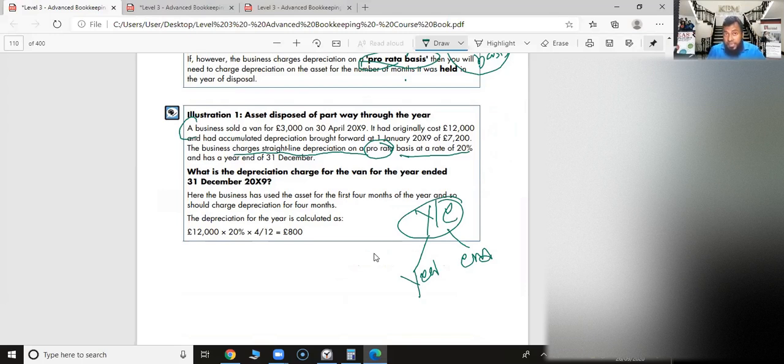I repeat, the accounting financial statement year can start any month and it ends after 12 months. Your calendar year starts from January, ends in December. But a financial year, wherever it starts, for example, started from September, ends in August. Started in January, ends in December. Started in July, ends in June. You must keep that in your head.